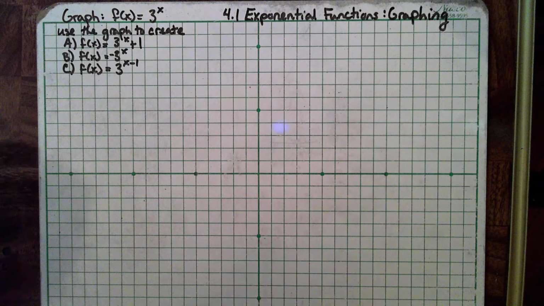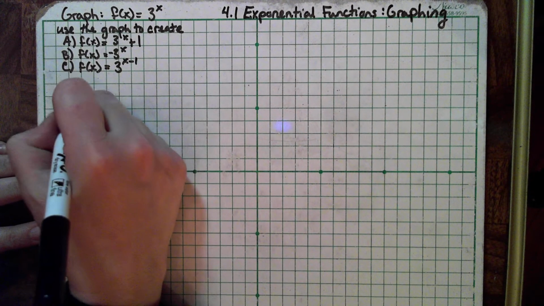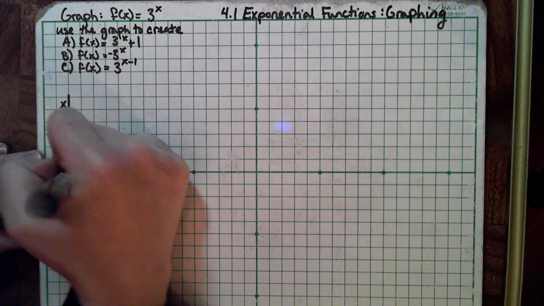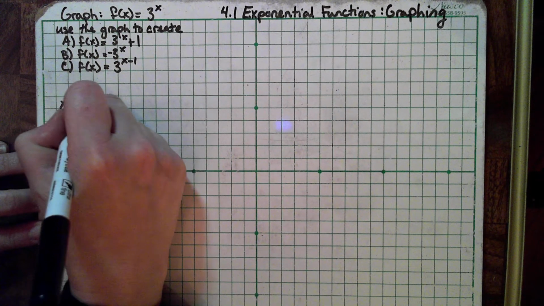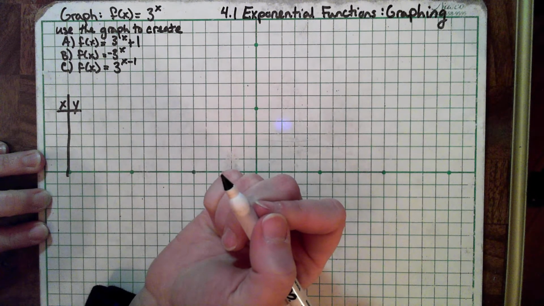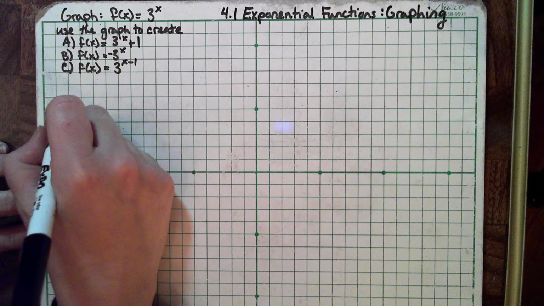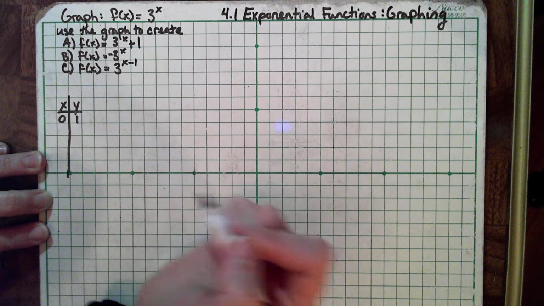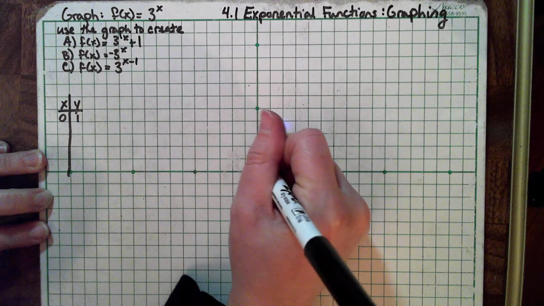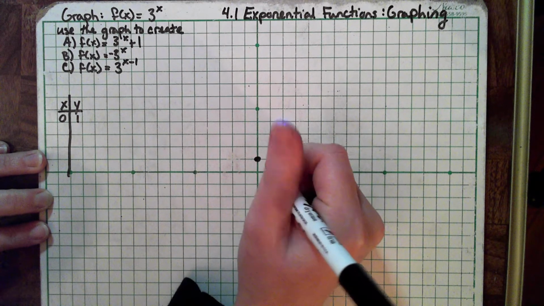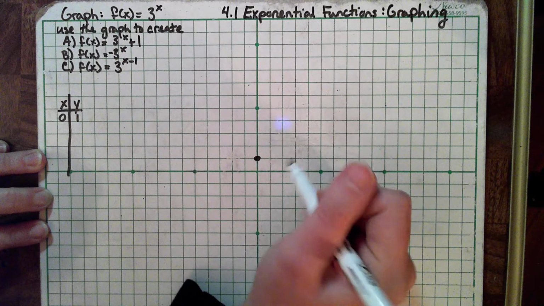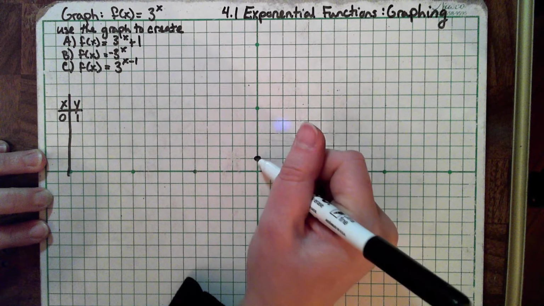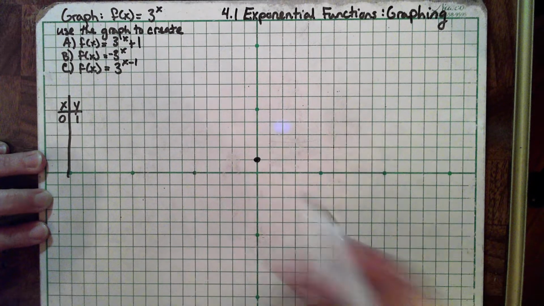So for 3 to the x, we basically just pick x values, put them in, and get y values. So I'm going to start off with the easy one. 3 to the 0 power is 1. And every single exponential function that has not been transformed, which means horizontally shifted, stretched, or compressed, will go through that point (0, 1).